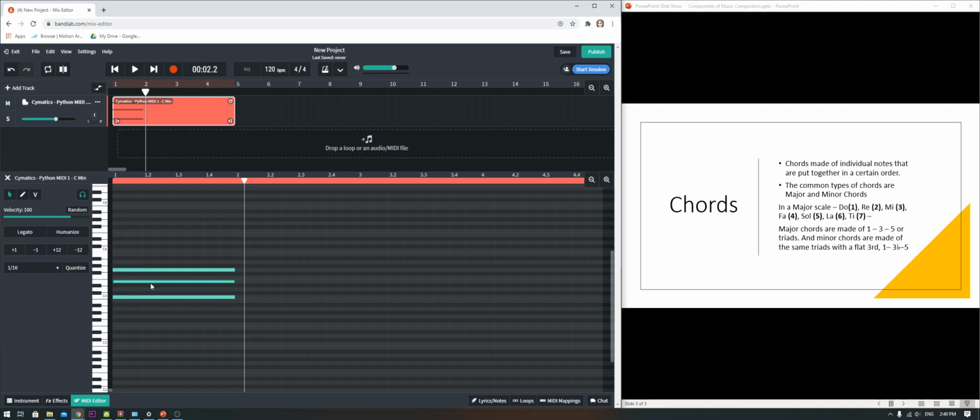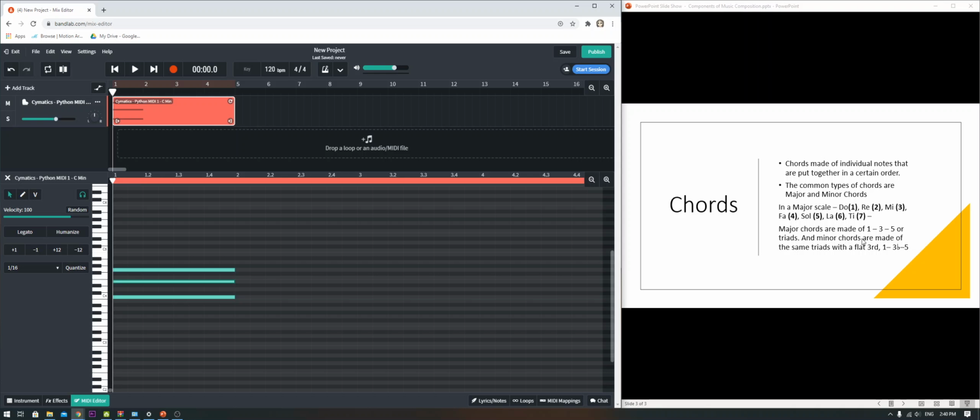The type of chords that we want to use in our music, well, it's actually up to you, but it's very common in R&B, lo-fi, even jazz, and probably hip hop. It's a major seventh chord. So what does it mean? If you look at the scale, you have one, two, three, four, five, six, seven.